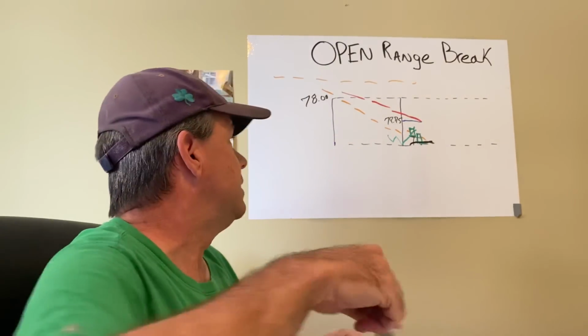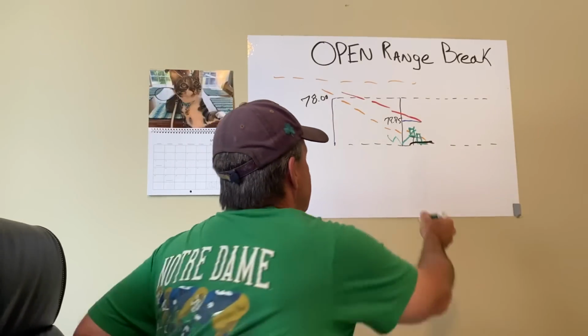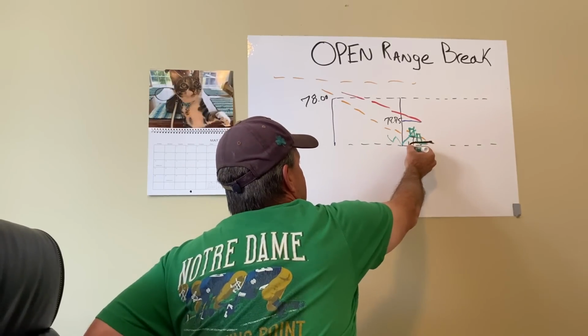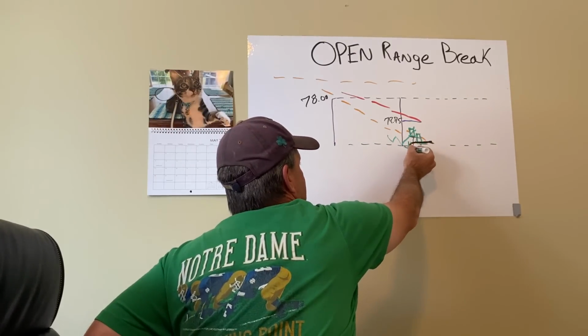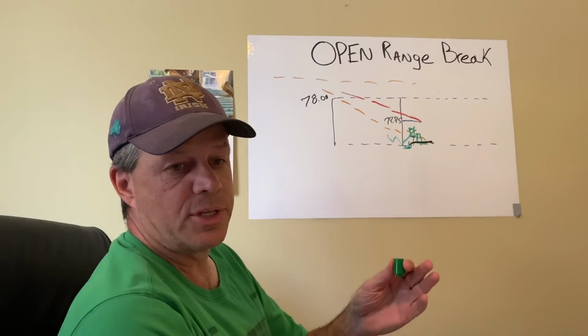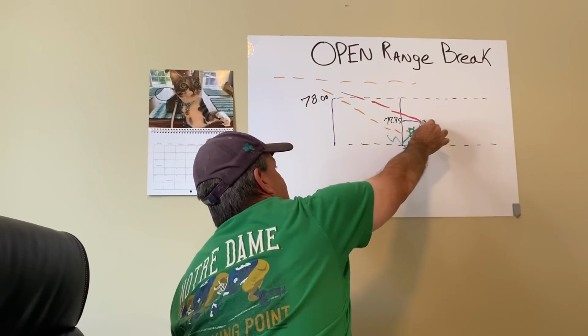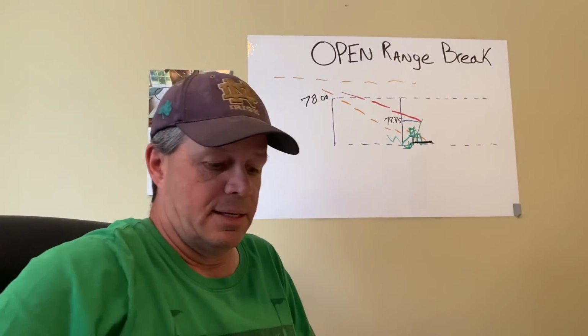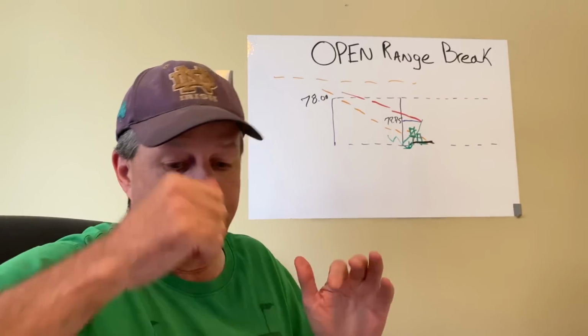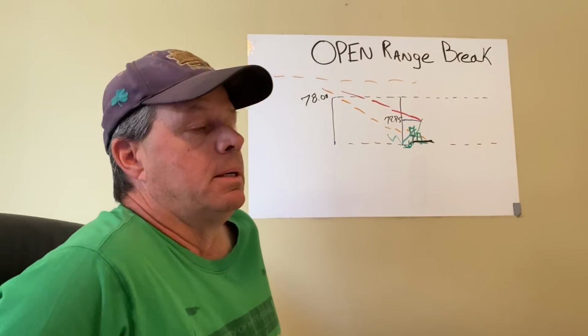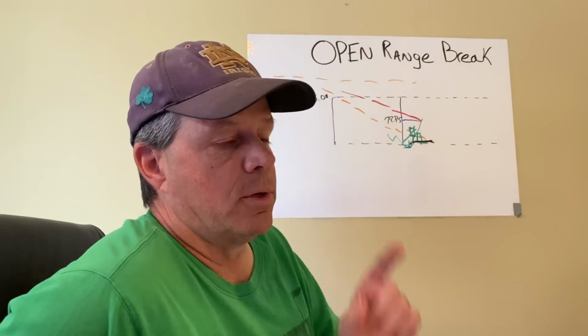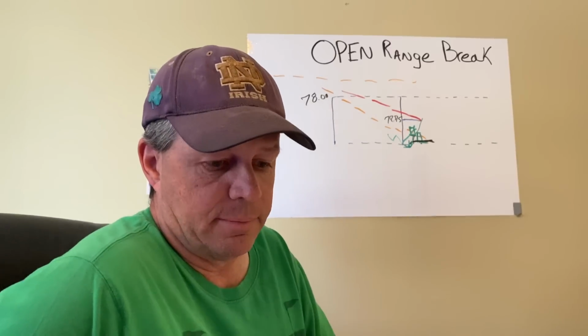And what they did is they stuck the head through the bottom and drew in all those sellers. And then they reversed it right up into that red line. I made more money in this one trade than most people make in a week just trading these strategies.